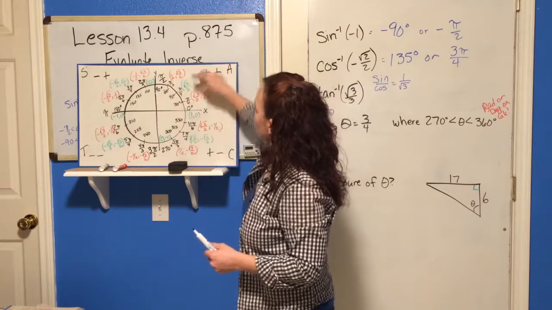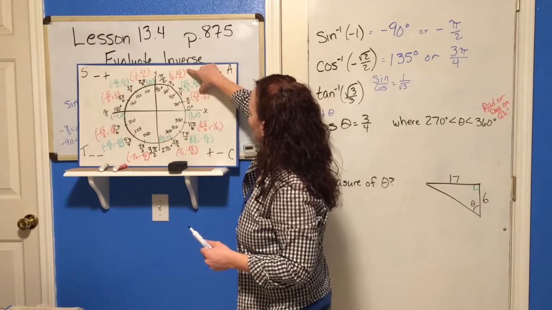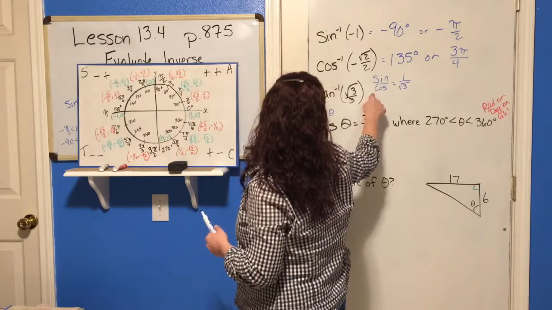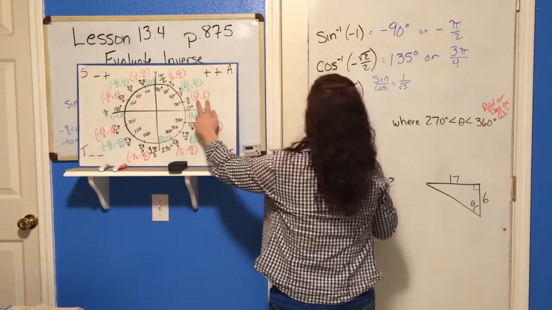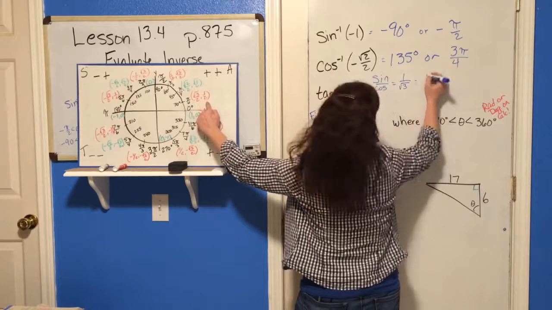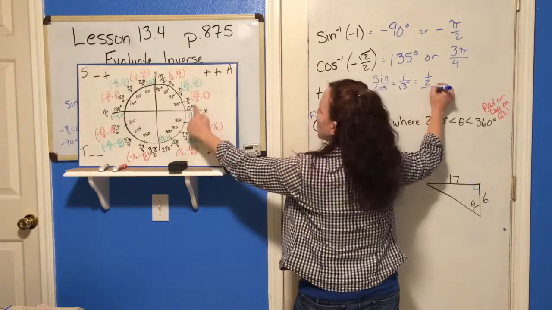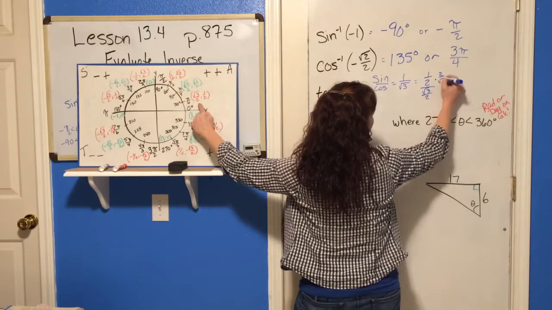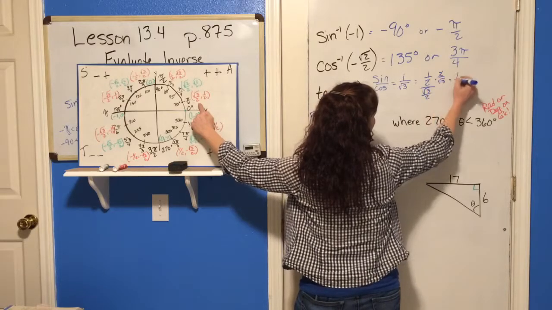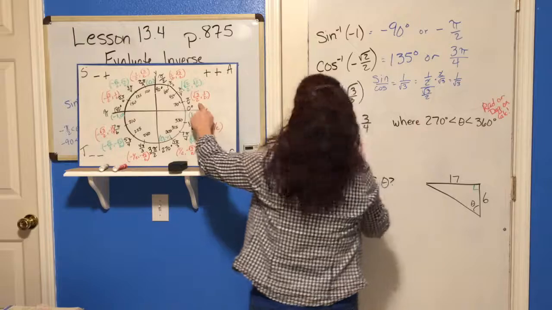So we've got square roots of 3 here and square roots of 3 here. Cosine is where we want the square root of 3, so we want it right here. And then if we check and we say sine is 1/2 over cosine is square root of 3 over 2, flip and multiply, we do have 1 over square root of 3.